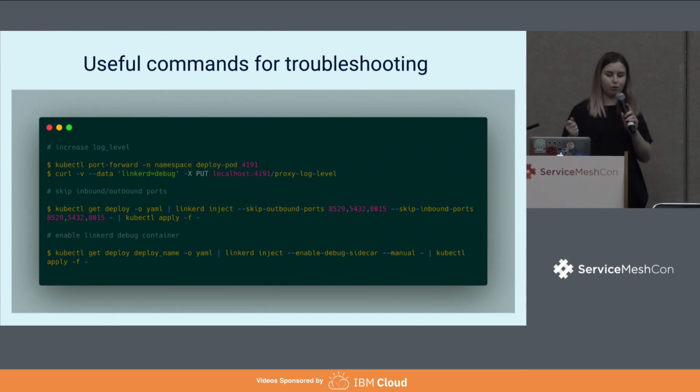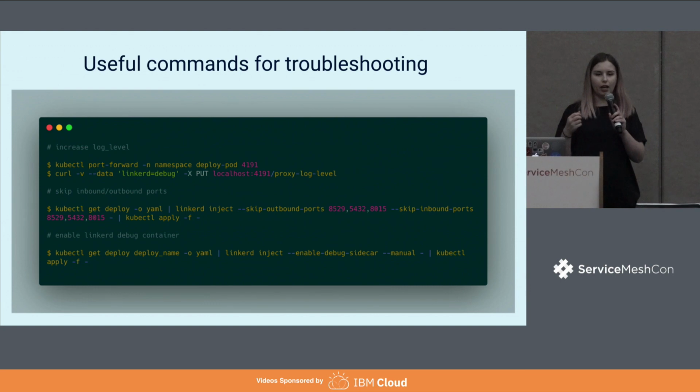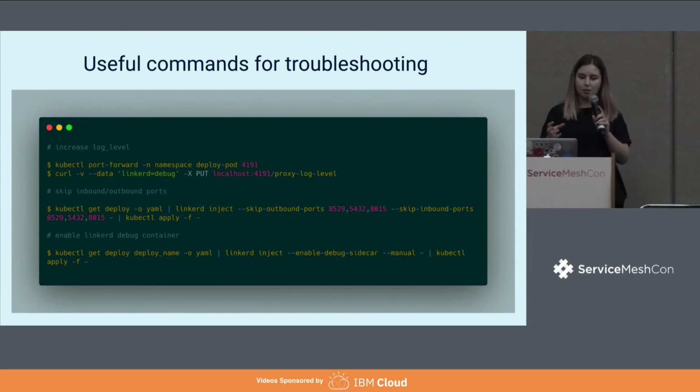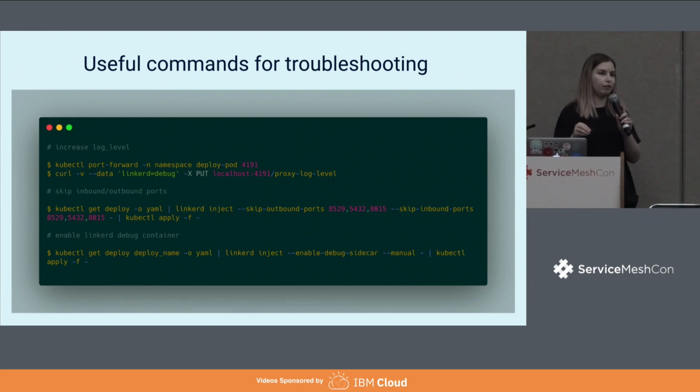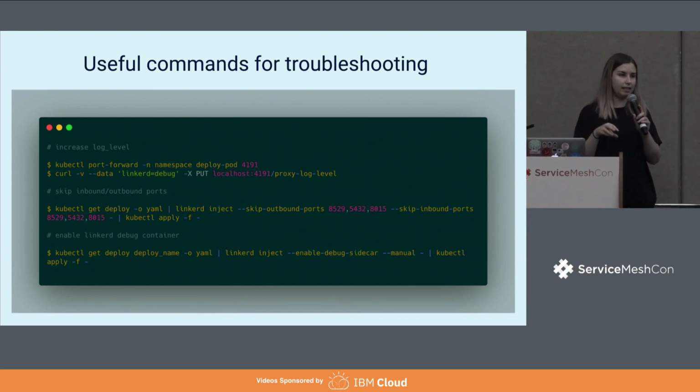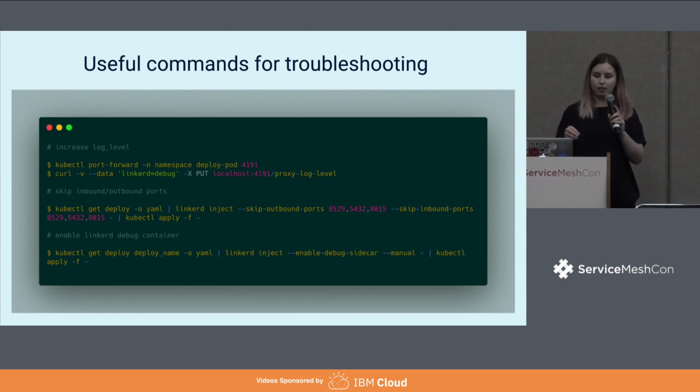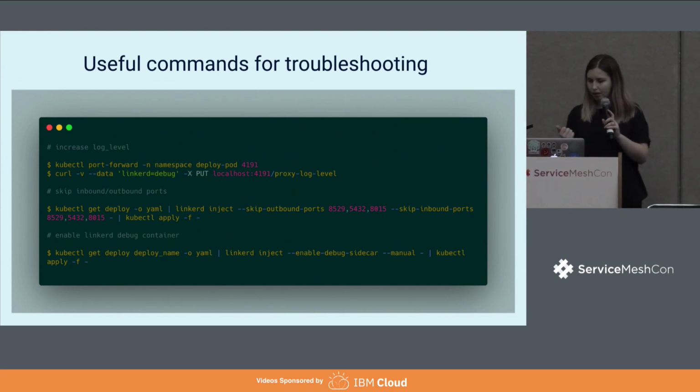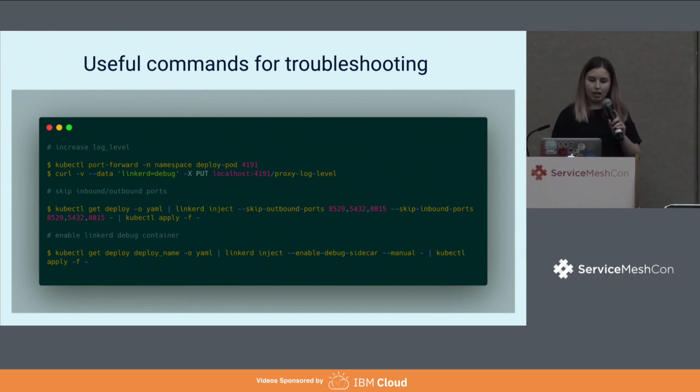Another thing we found useful was being able to skip inbound and outbound ports to see how our application would behave when the Linkerd proxy would skip certain ports. But also, this is very useful if you're doing whitelisting in your application and you need Linkerd proxy to pass on the external IP address where a request is coming from for your application.